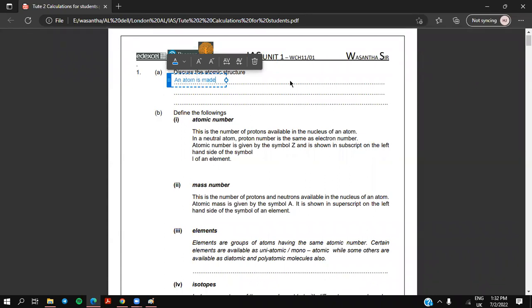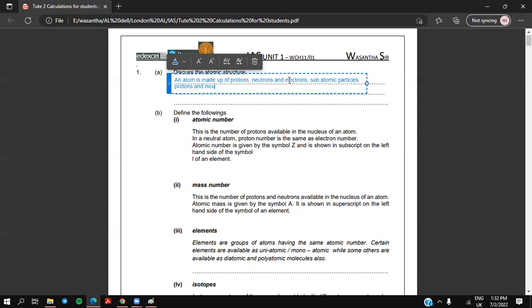We can write: an atom is made up of protons, neutrons, and electrons; semicolon, I can write subatomic particles. Next one.